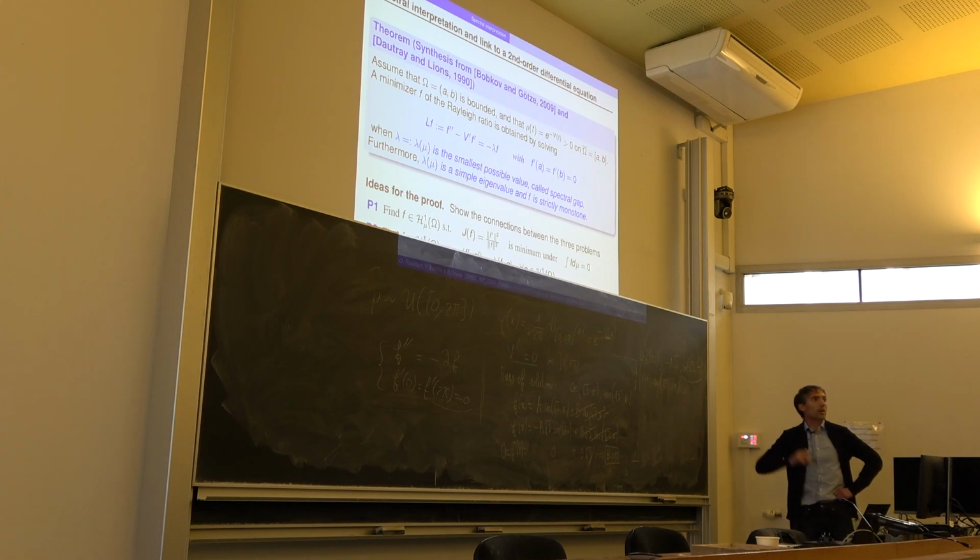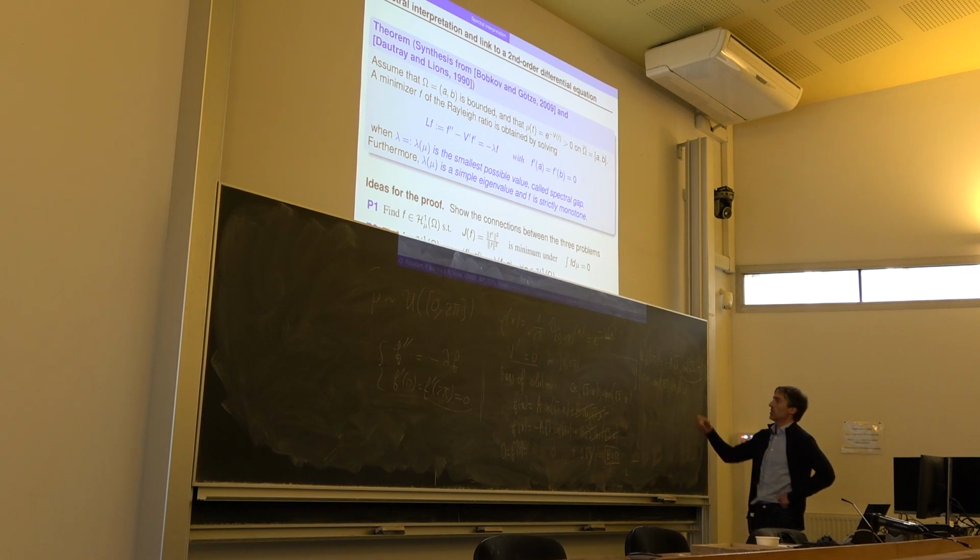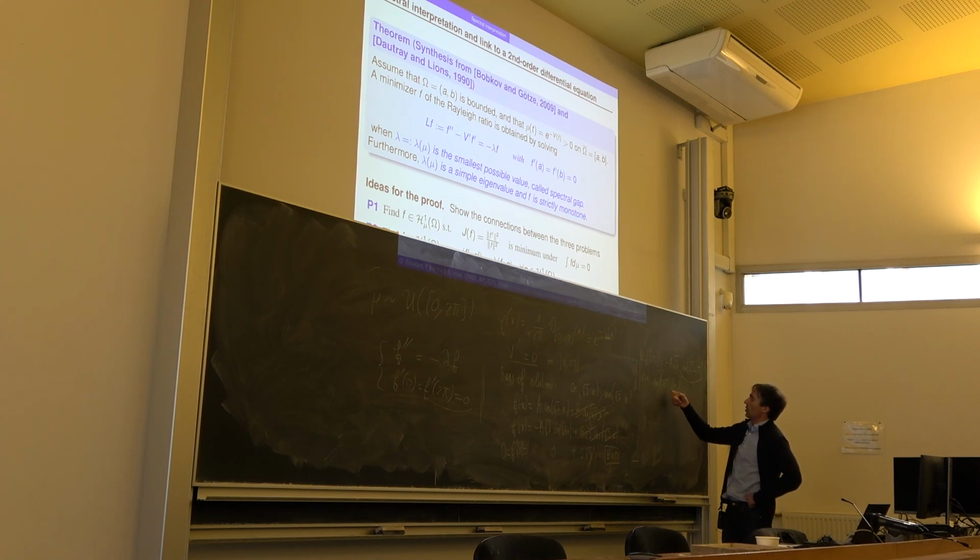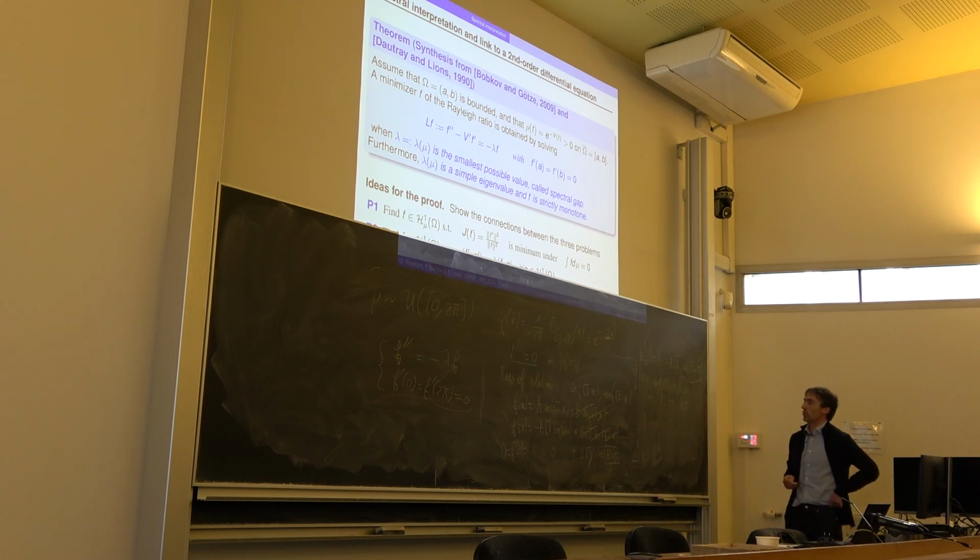And now this gives you lambda. Because it means that the square root of lambda times 2 pi is a zero of the sine function. And so you know that the zeros are proportional to pi.